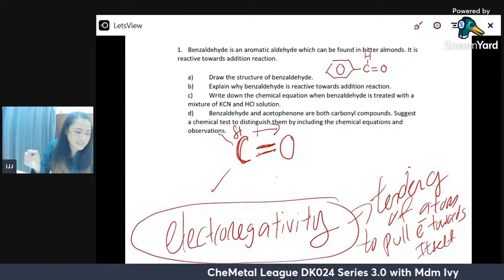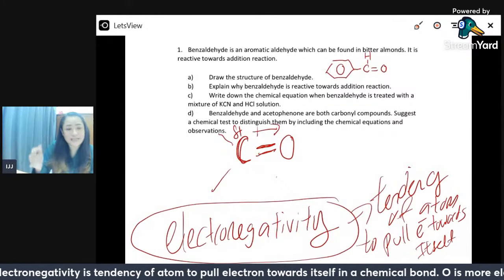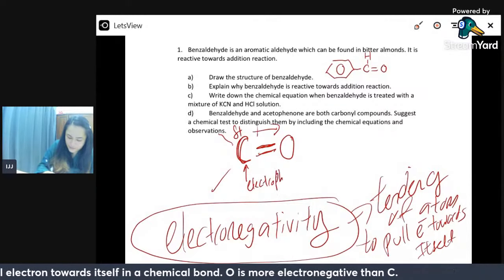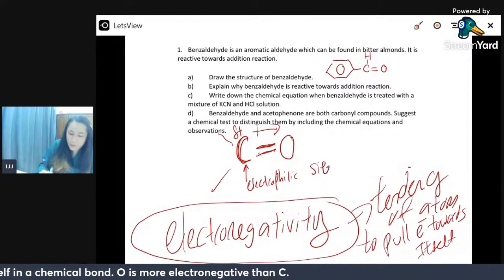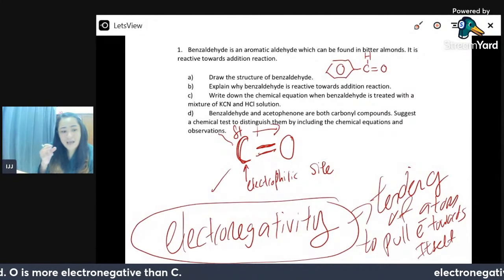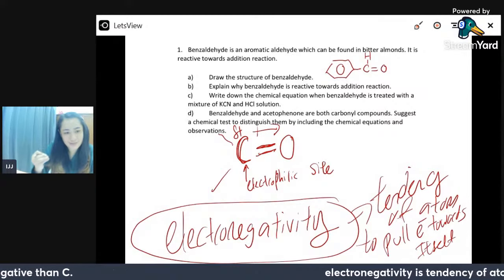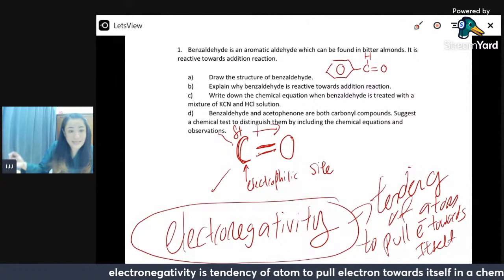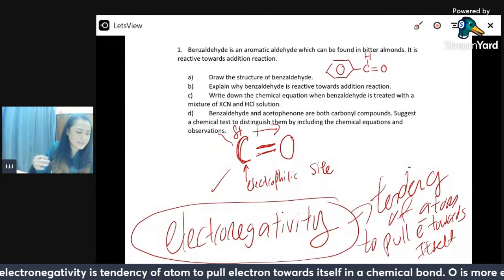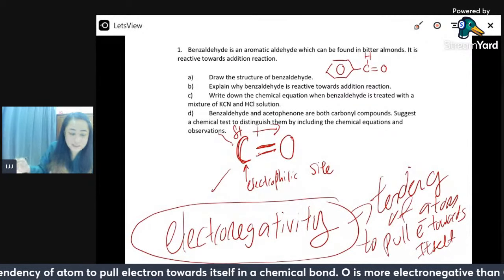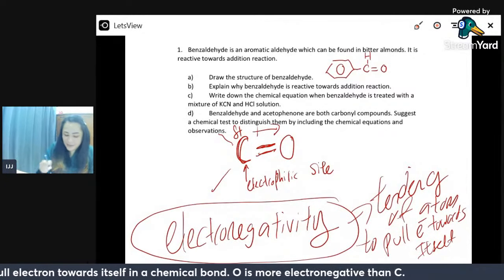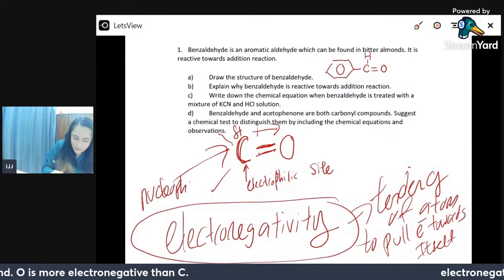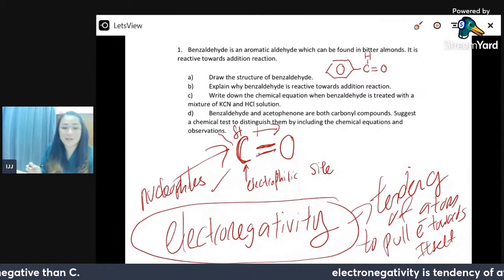So because of this, you can say this creates an electrophilic site on the carbon. Carbon tu menjadi seolah-olah kurang elektron. So bila dia kurang elektron, dia create this electrophilic site, carbon electron deficient, menyebabkan carbon ni senang kena attack by nucleophiles.